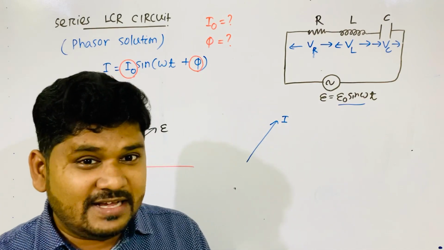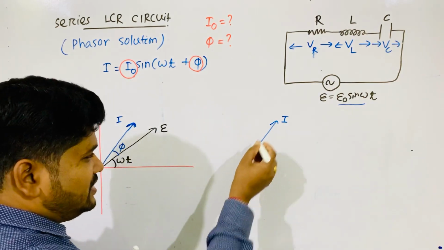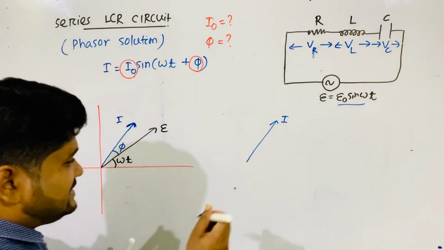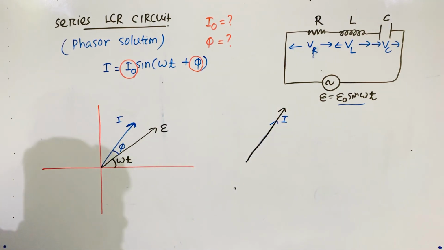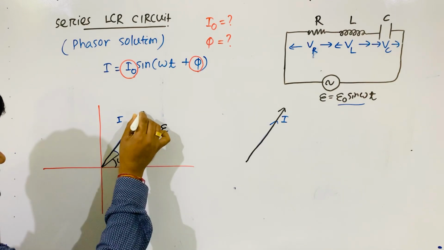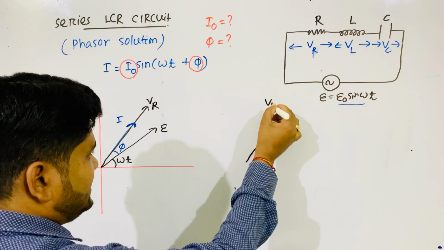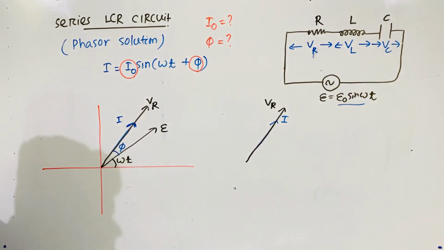It will not make any angle. Why? Because voltage and current will be in the same line for the resistor. So here I am drawing the voltage in the same line with the current. This is VR.